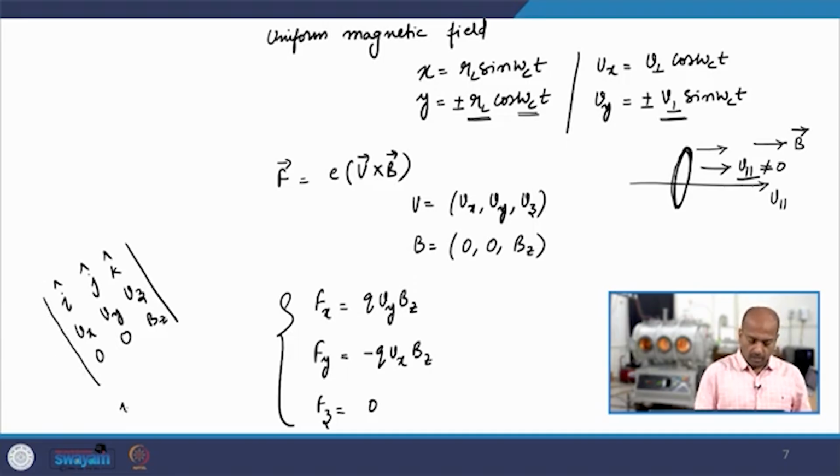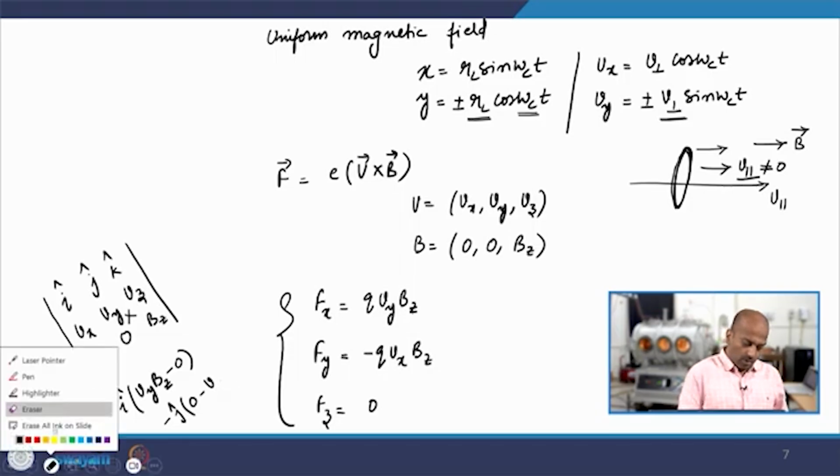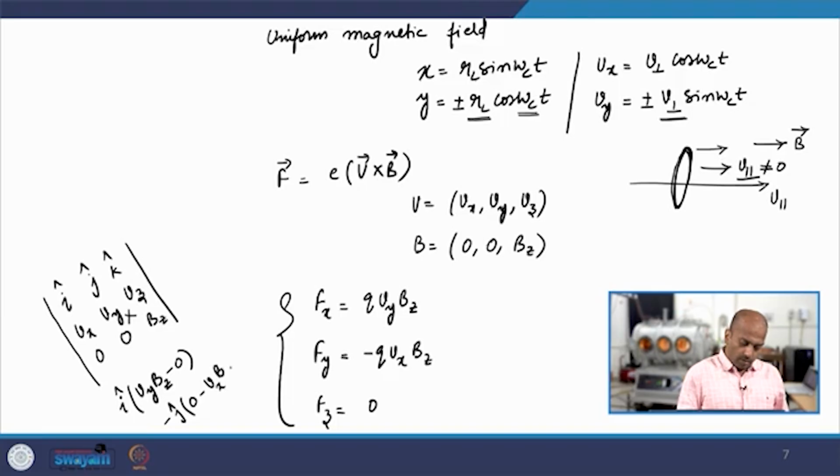So, if you break this, let us say I cap times Vy, Vz minus 0, minus j cap 0 minus Vx, Vz, plus k cap times 0.